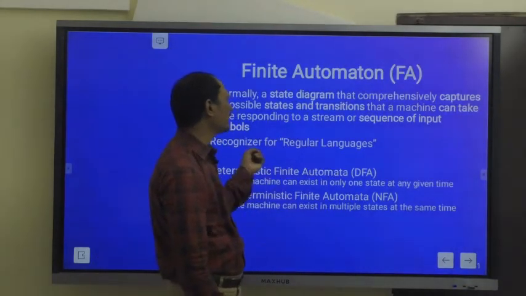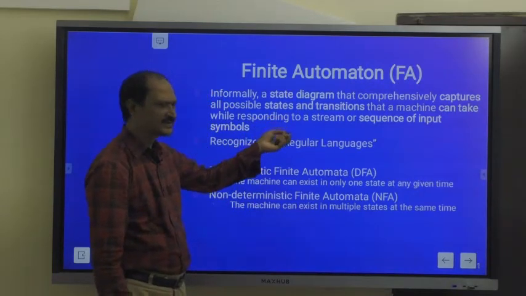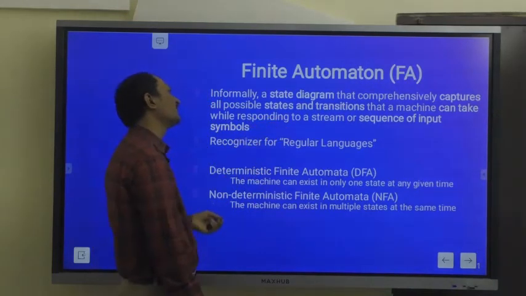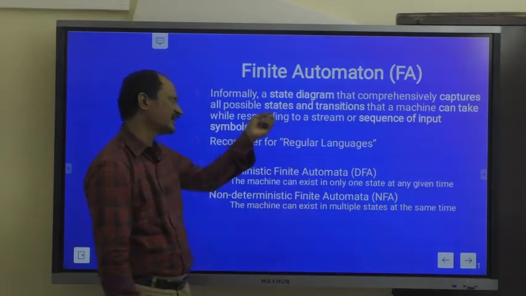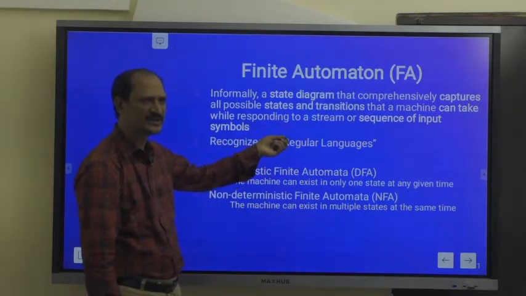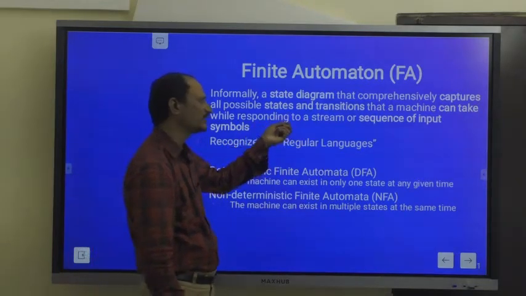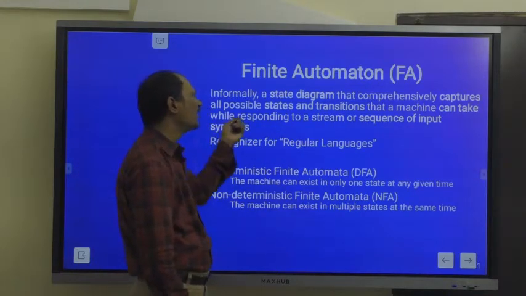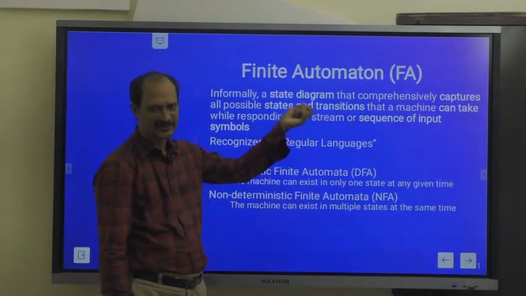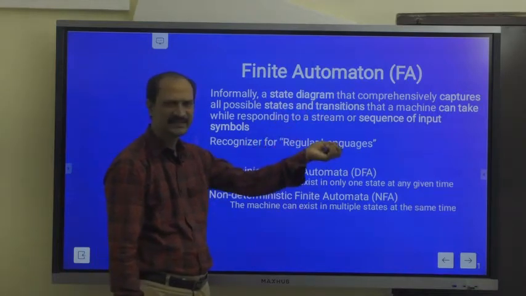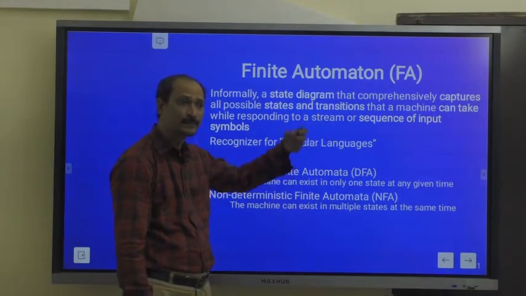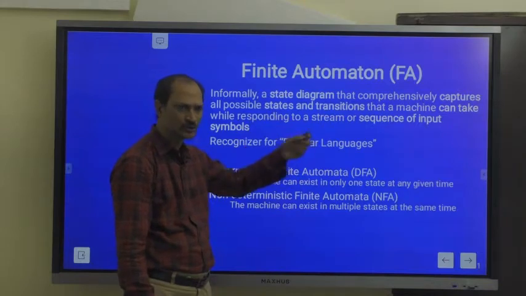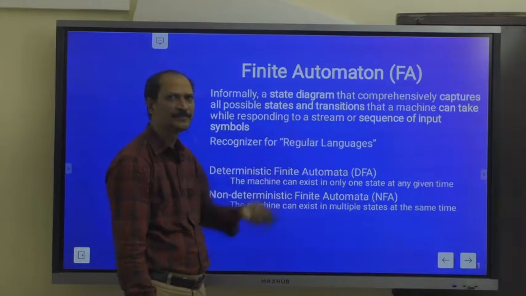Now finite automata, formally we can say, is a state diagram. Actually, what we have seen, the on-off switch, has a state diagram that comprehensively captures all possible states, on state, off state, and transitions. What are the transitions? Push and push. Two transitions are push in the case of a simple switch.